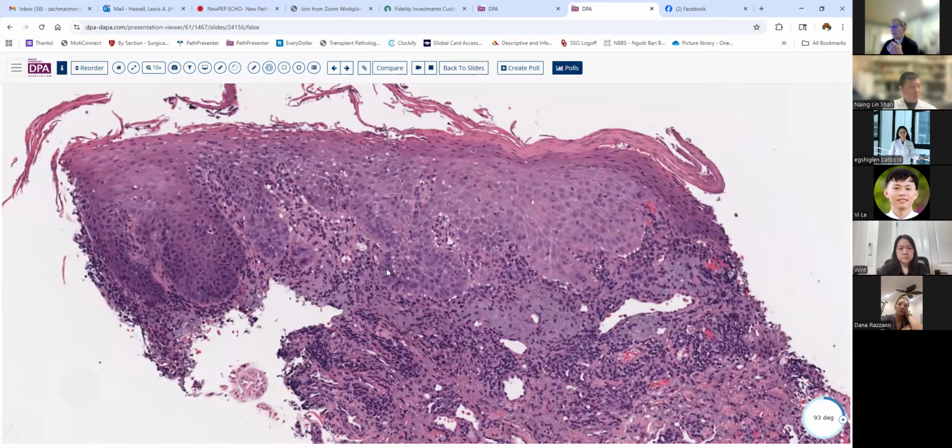Here's maybe a little bit of that basal proliferation, some variability in the size and shape of these downward projections. And then we have the inflammatory response. Here's our solar damage, our solar elastosis. And then we're getting a little bit of parakeratosis almost here on what should be an otherwise benign squamous border.